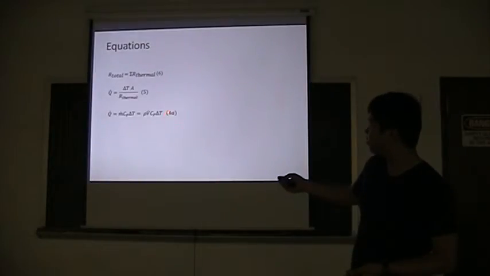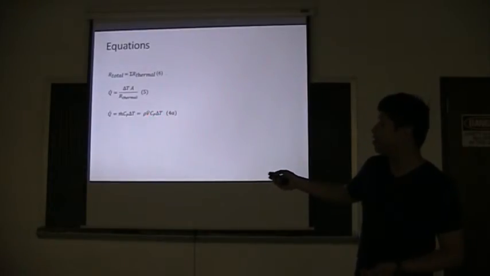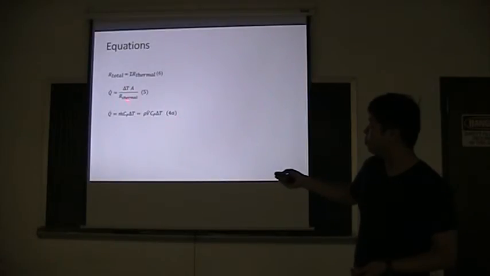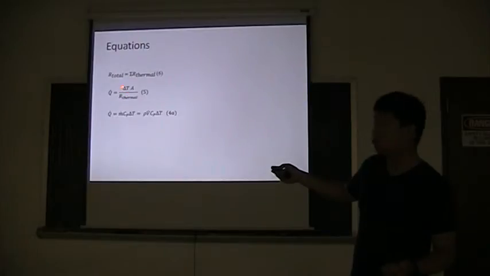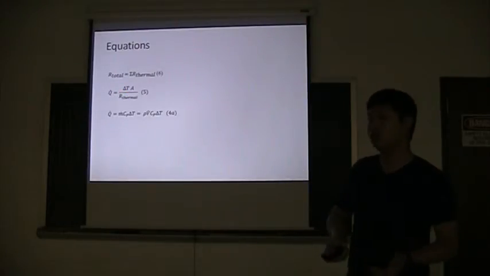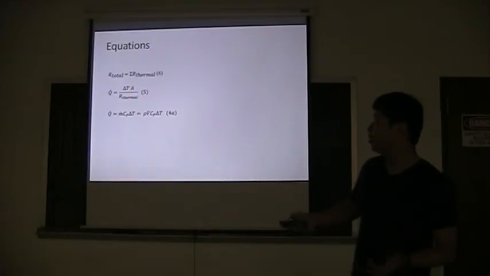Here are some more equations. These are actually used by me to calculate the anticipated heat flow and volume flow. So what I did first was calculate the heat flow. I assumed a temperature difference. I used 95 and 65, so the difference of 30, and also 1 foot squared area, divided by the thermal resistance, which was given in the lab manual.